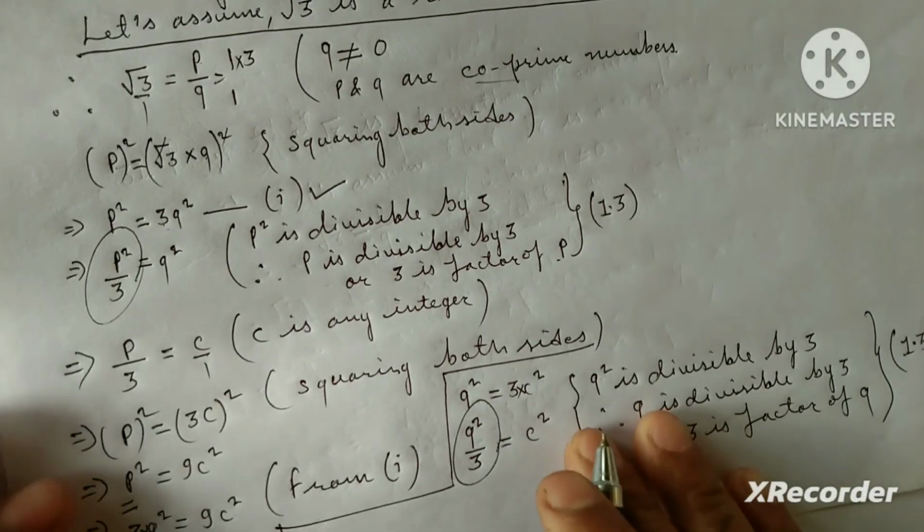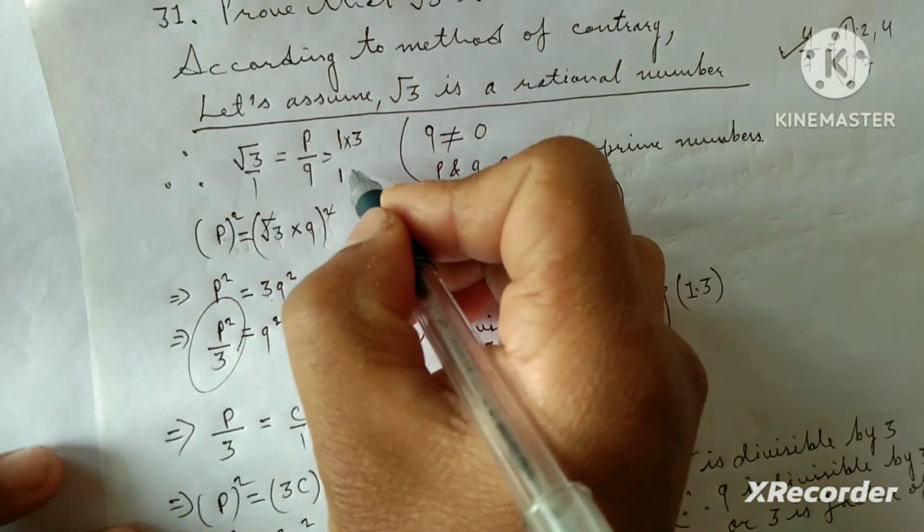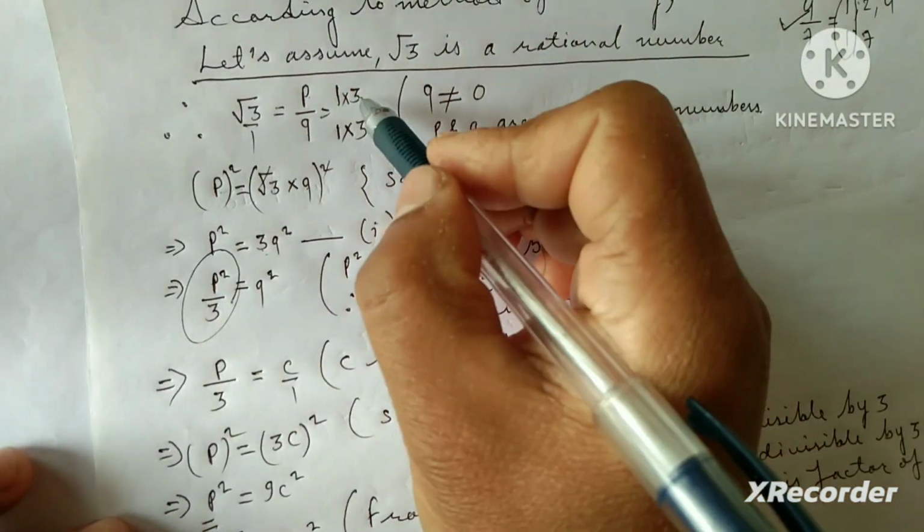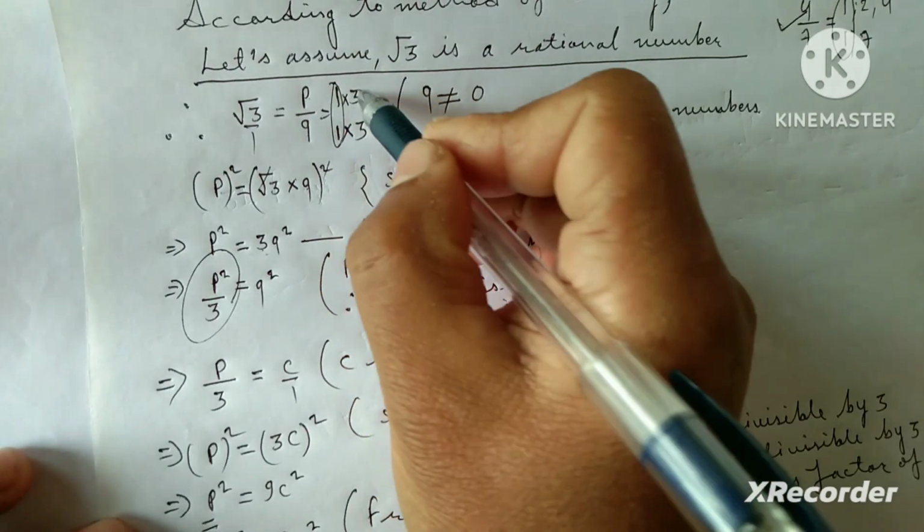So in this way, another factor of q is 3. So it has two common factors, 1 and 3.